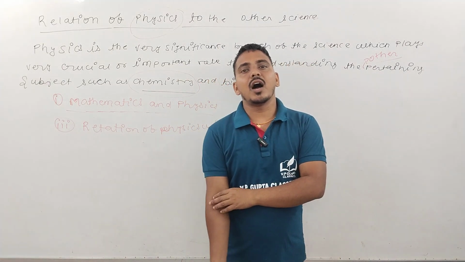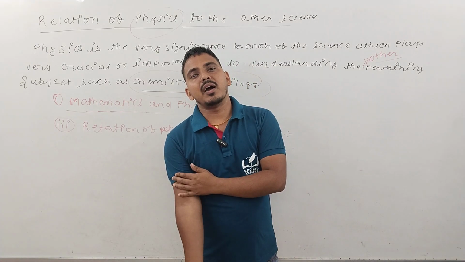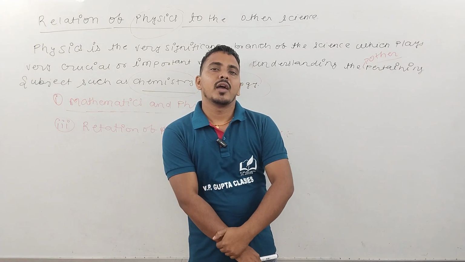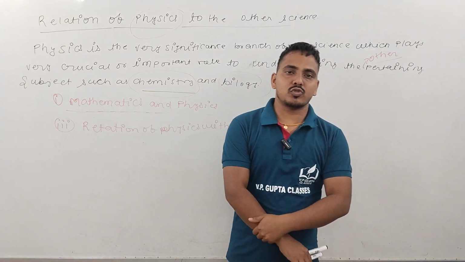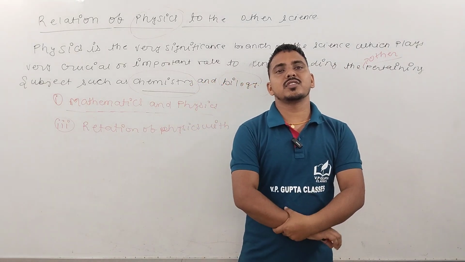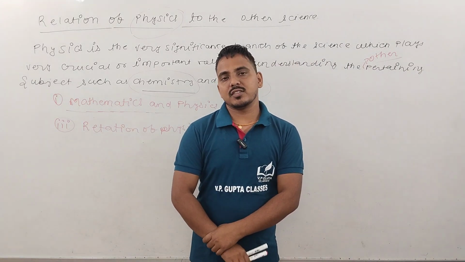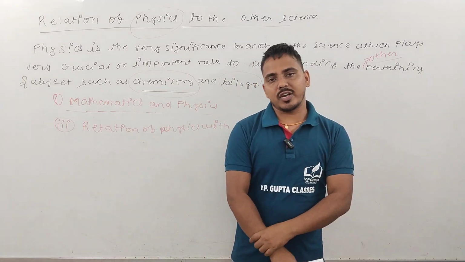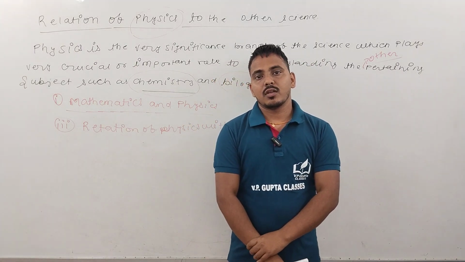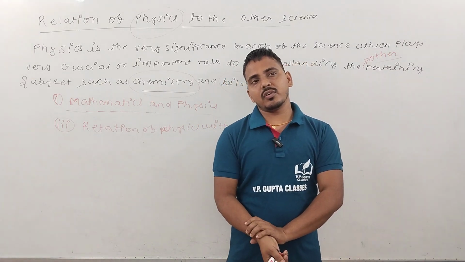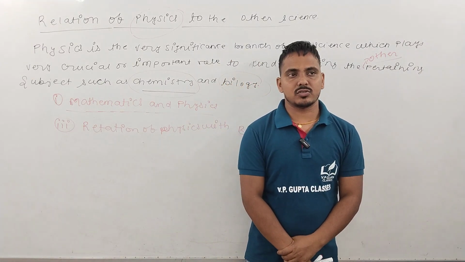And how do you check blood? With the help of a microscope and other instruments whose discoveries are based on physics. So we can say physics is also important in the study of biology and medical science.